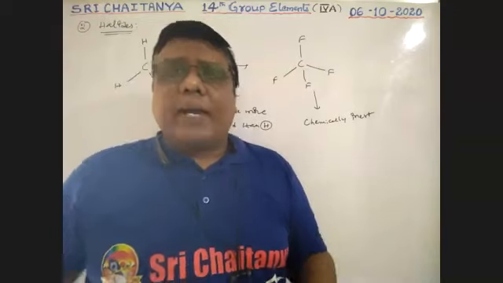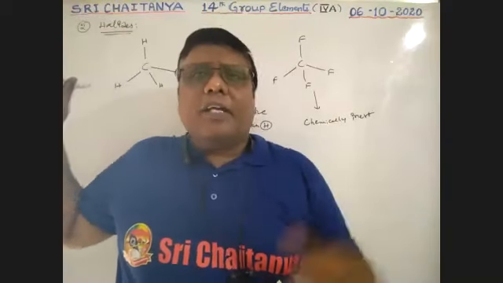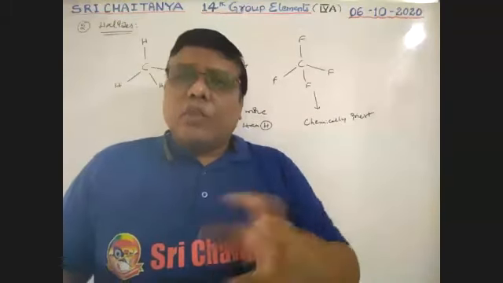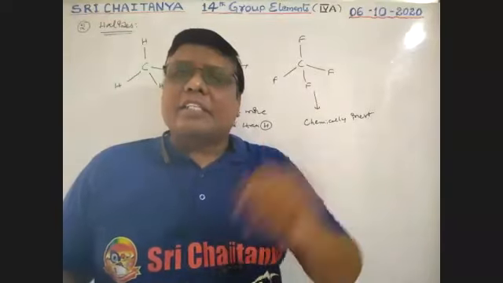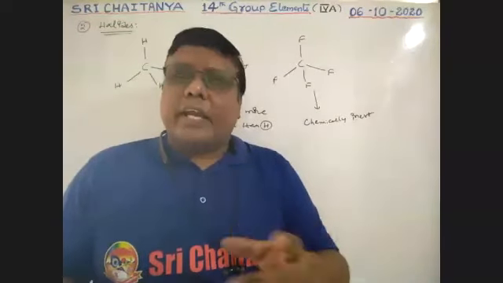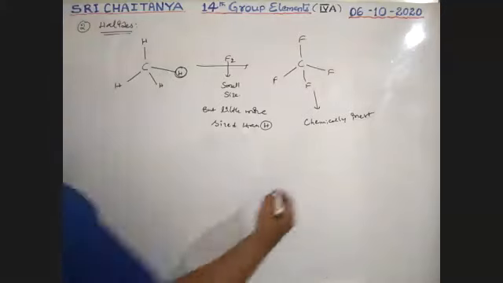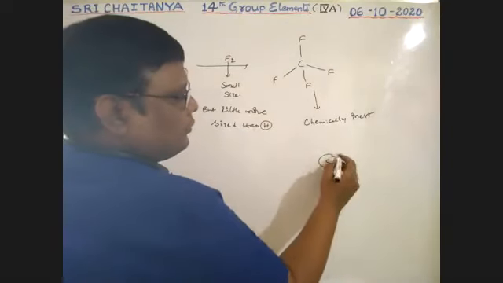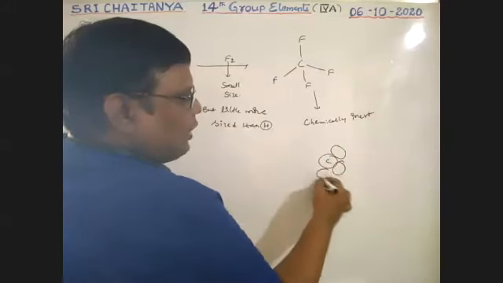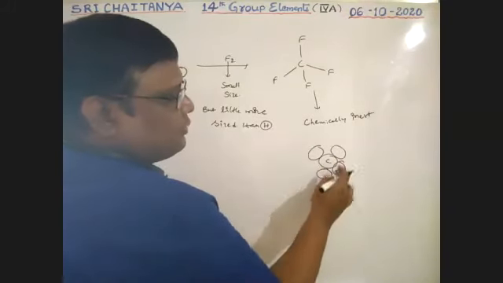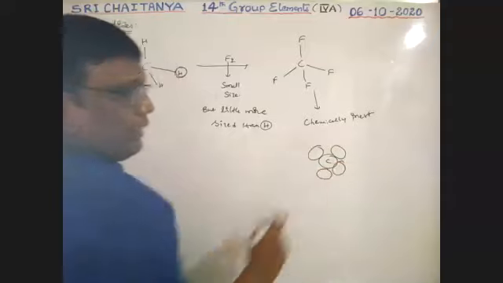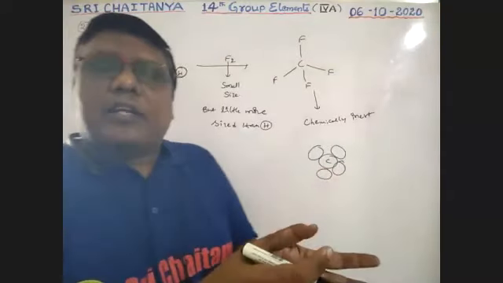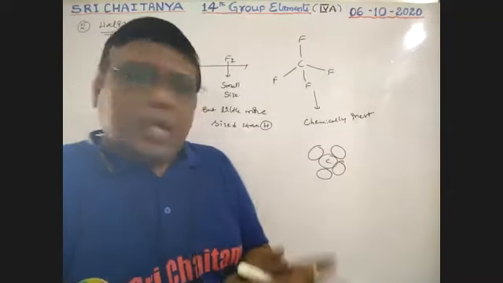Why, sir? Why is CH4 reactive but CF4 non-reactive? Fluorocompounds are non-reactive. See here, this is carbon, boys. These fluorine atoms are almost shield-like, a layer-like, shield-like arrangement is possible, almost no gap.